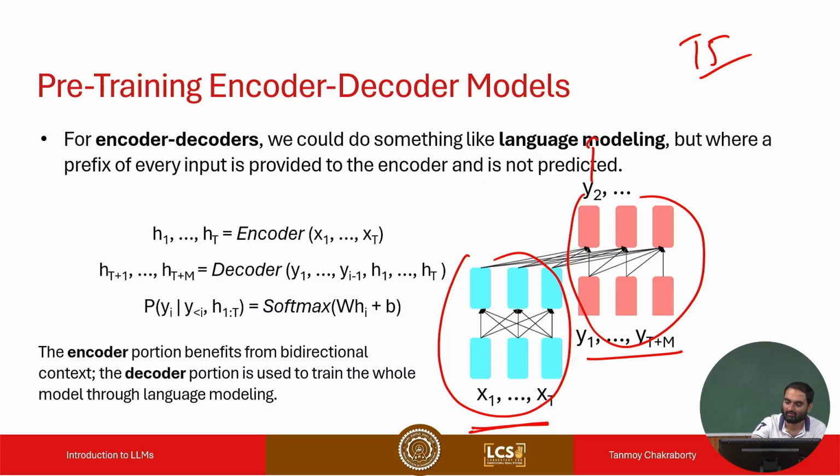Essentially you want to maximize the log likelihood of y2, for example, given y1 and x. This is conditional log likelihood, and you want to maximize this.